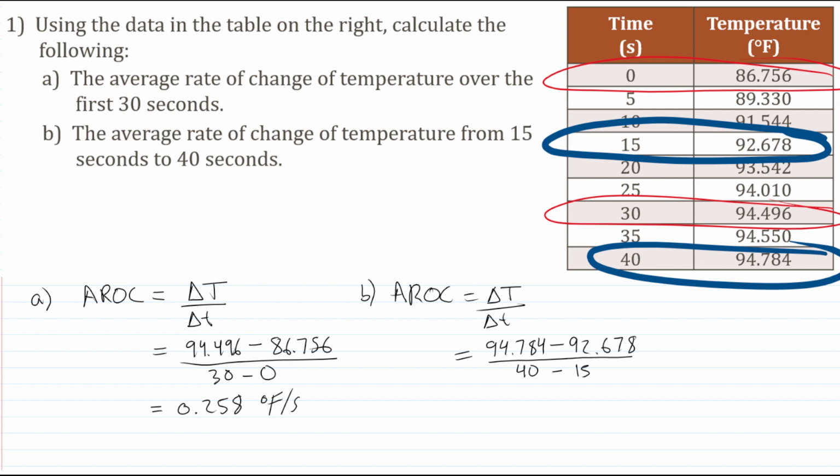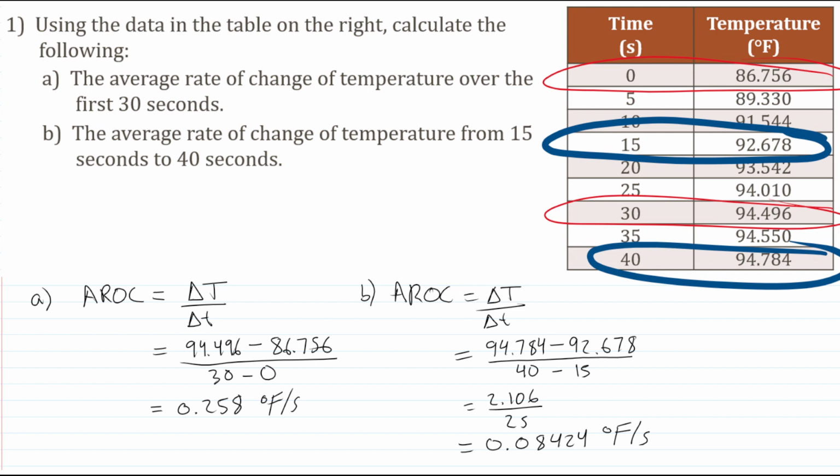All right, so 94.784 minus 92.678 gives us 2.106, and 40 minus 15 gives us 25. And we can do that division there, so 2.106 divided by 25 gives us 0.08424. And again, we have units of degrees Fahrenheit per second.